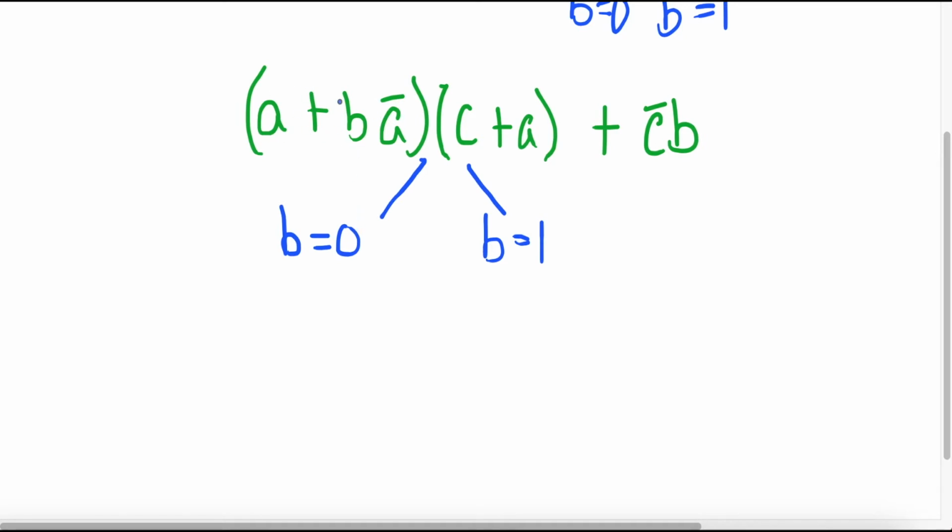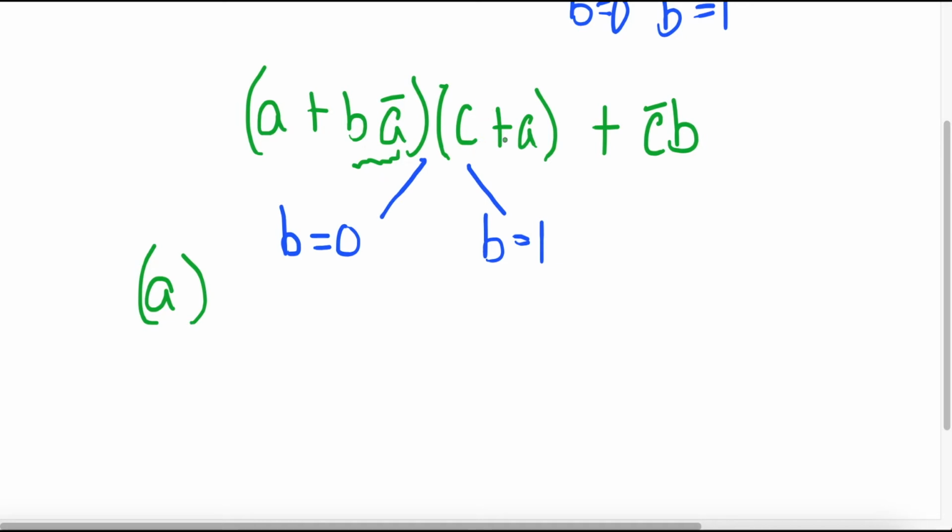So then this becomes just A by itself, because this whole term gets canceled out. So we have A for the first bracket.